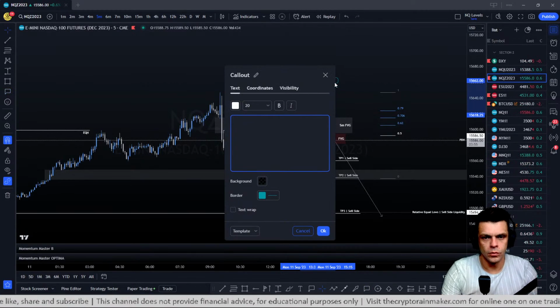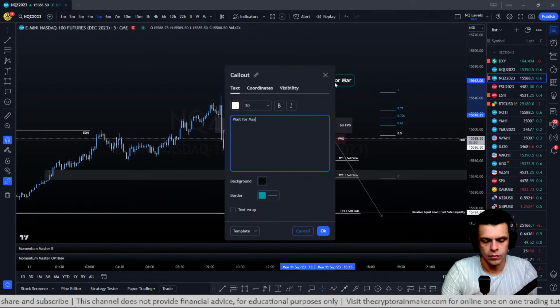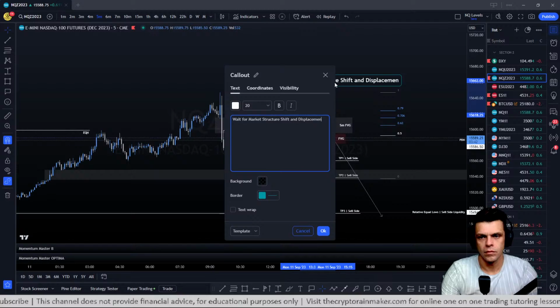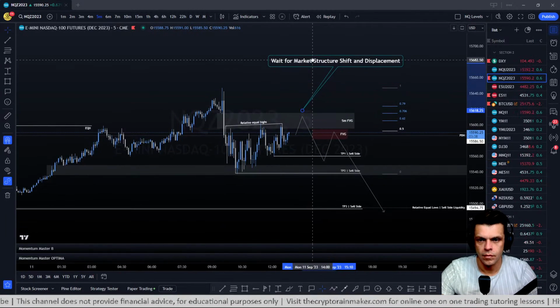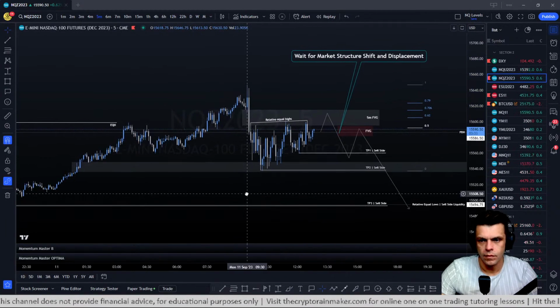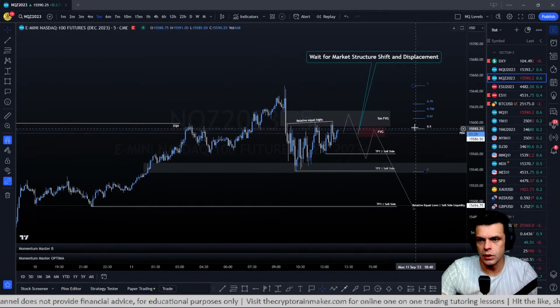Okay, so wait for the market structure shift and displacement. Okay, so this is going to be the one potential setup.